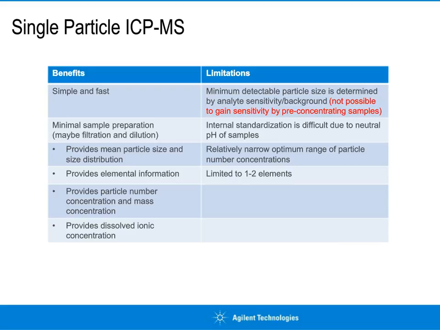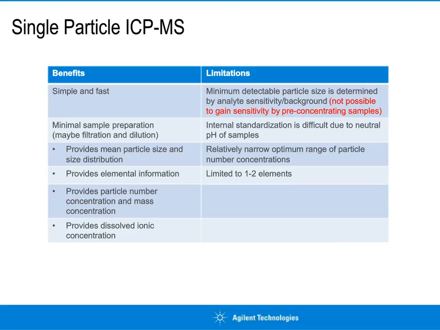If the particles are in suspension in a liquid, then they can probably be analyzed directly, maybe following some simple filtration to remove larger particles and possibly dilution. The technique provides the mean particle size and the size distribution. It provides elemental information. It provides the particle number concentration and mass concentration. And it can also provide the dissolved ionic concentration of the elements that are in solution.